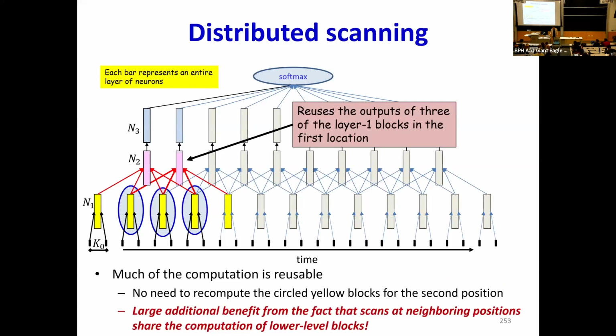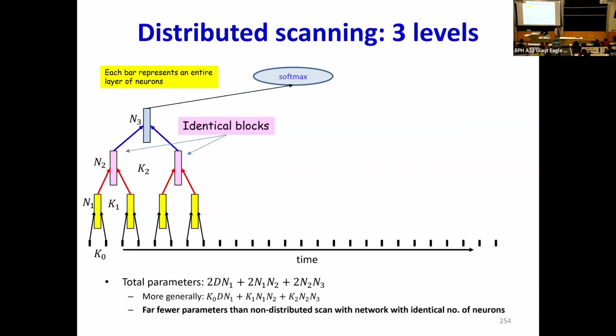So this reuses the outputs of 3 of the layer 1 blocks in the first location. In fact, at every location, you're only computing one new block, and that block is small. So the amount of incremental computation per location has suddenly gone down by a factor of 4 in the first layer, right? Suppose I distribute this now over 2 layers like so.